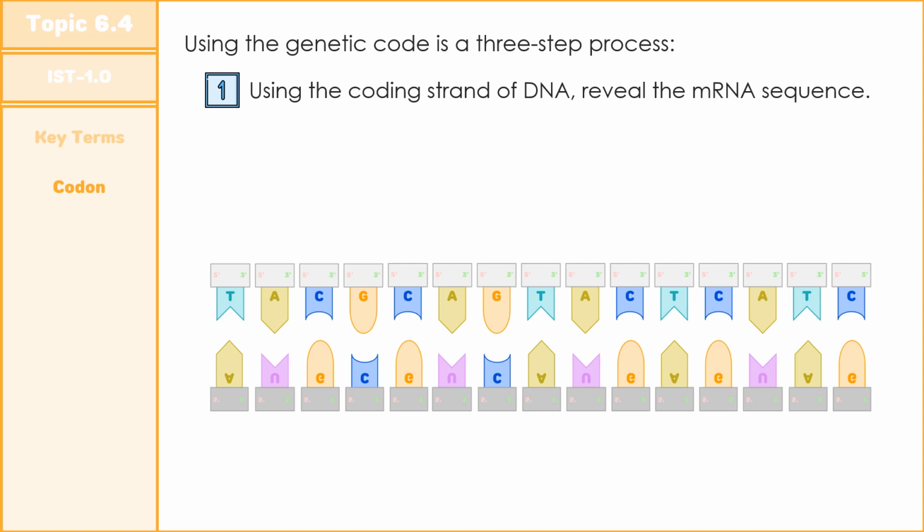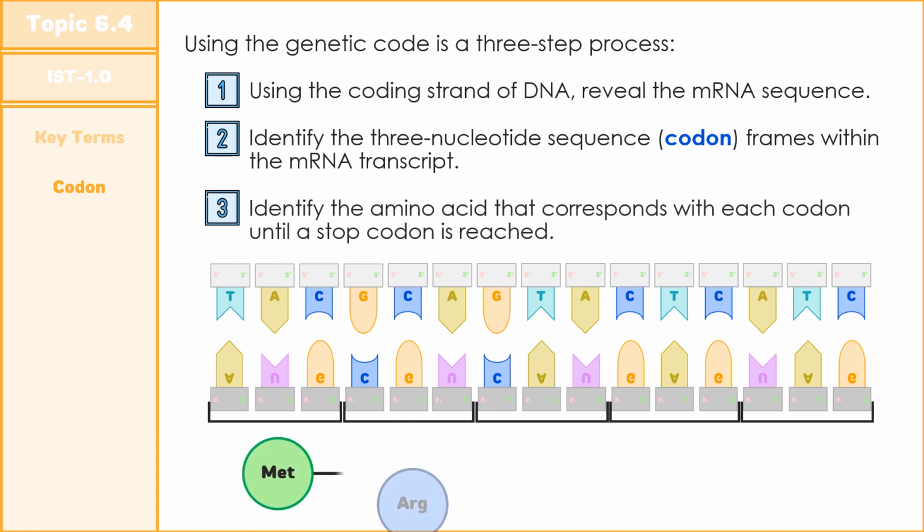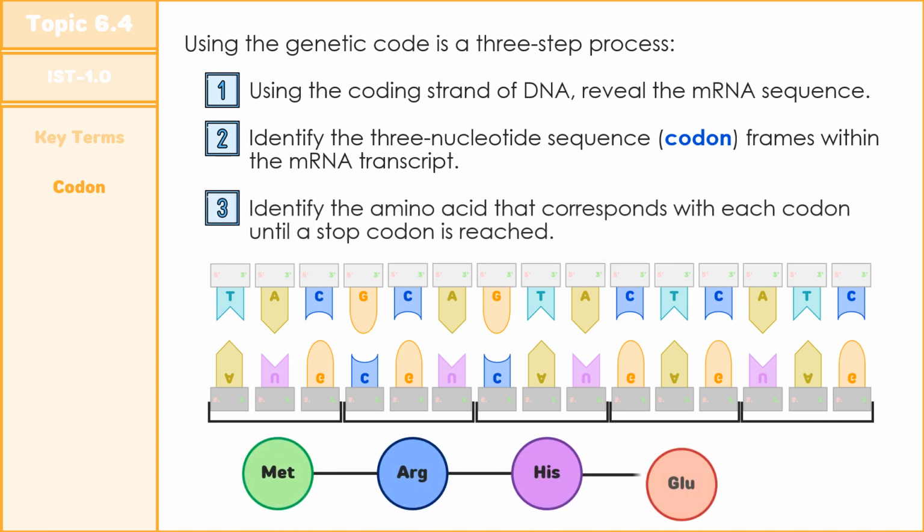Next, we are going to segment out our RNA sequence into three nucleotide segments called codons. Each codon is going to code for a particular amino acid or function within the process of translation. So at the third step, once we have identified our codons, we can identify the amino acids that correspond with each of these codons and build our polypeptide sequence.